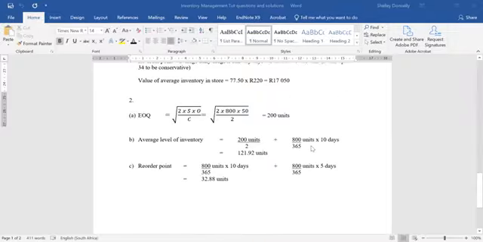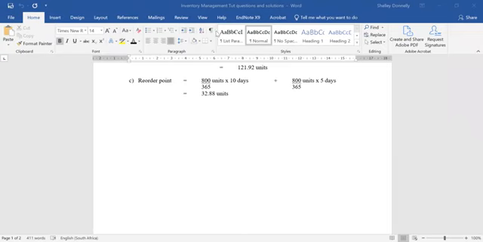Again, I'm going to draw you a little diagram to reiterate that part of it. I'm doing my costs. Remember, there's certain costs that increase as your order quantity increases, and those are your carrying costs or your holding costs.